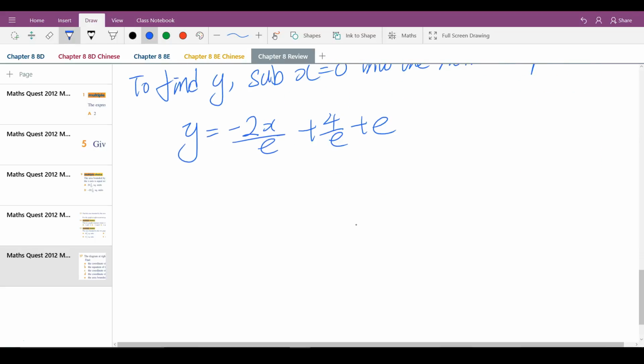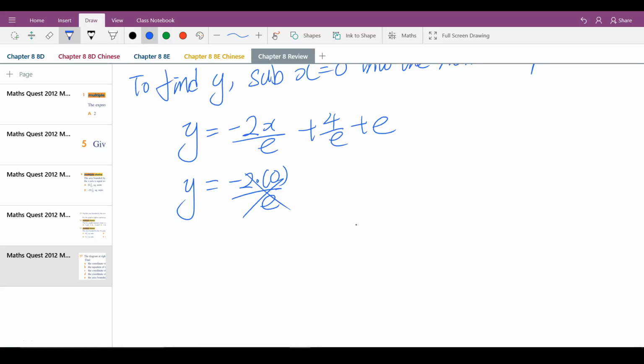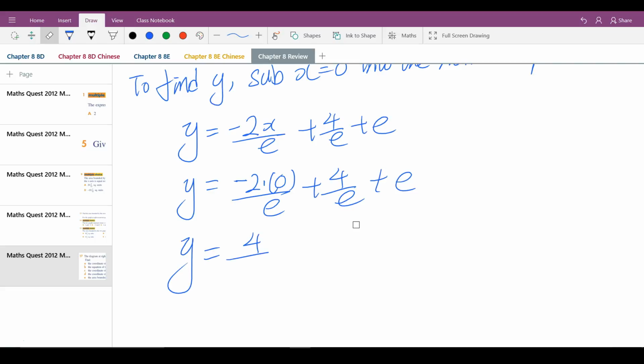Now when you sub 0 into x, you just cancel this bit, because 0 multiplied and then divided by something always gives you 0. So whatever you're left with is just 4 over e plus e. So that's your y value.